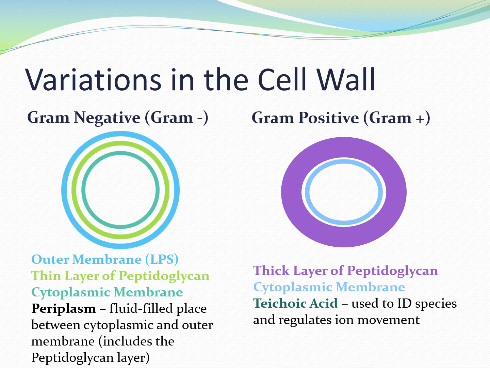You also have the periplasm, which is a fluid-filled place between the cytoplasmic and outer membrane, so make sure you make a note of those. Remember that gram-negative cells are going to stain pink, so I would maybe write that in here somewhere, that these are going to stain pink, and it's because of that thinner layer of peptidoglycan.